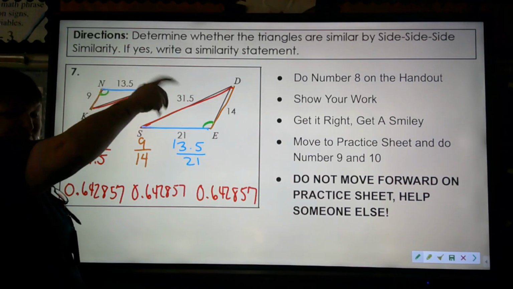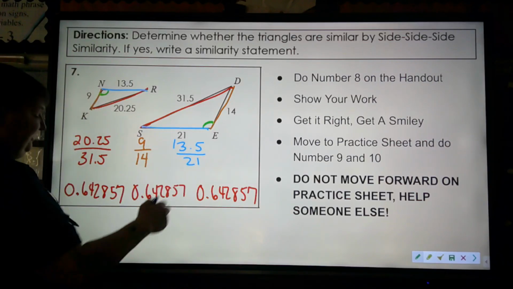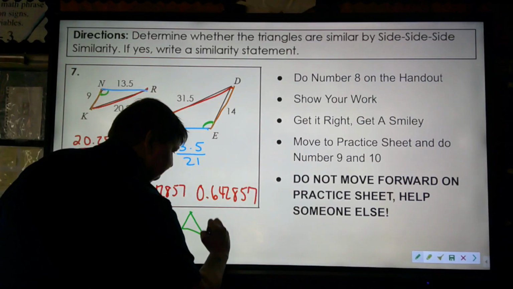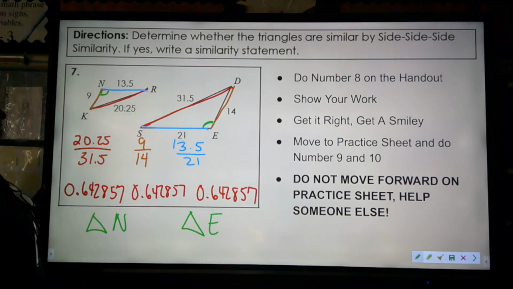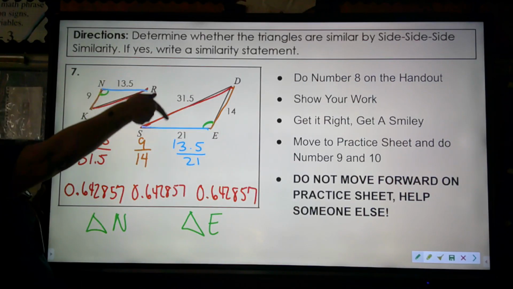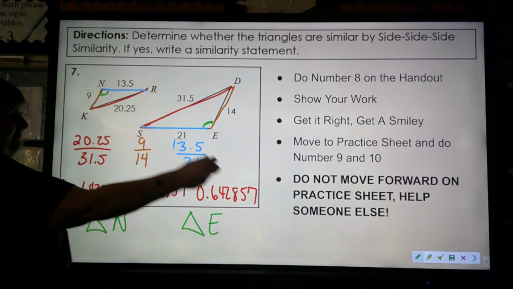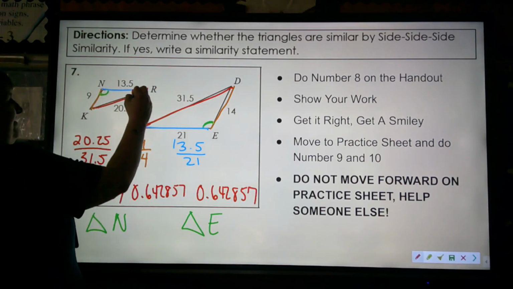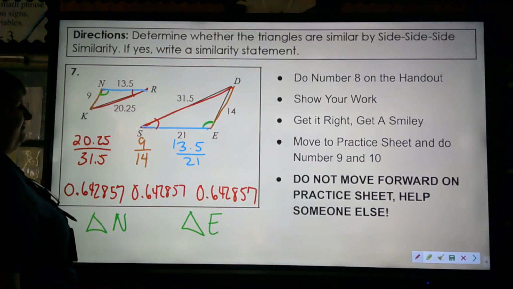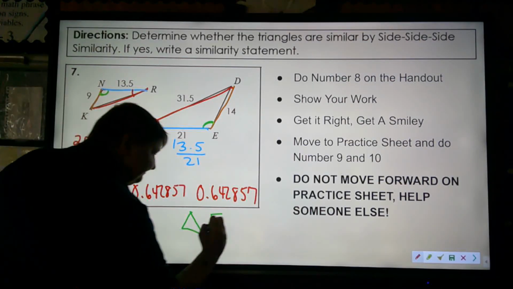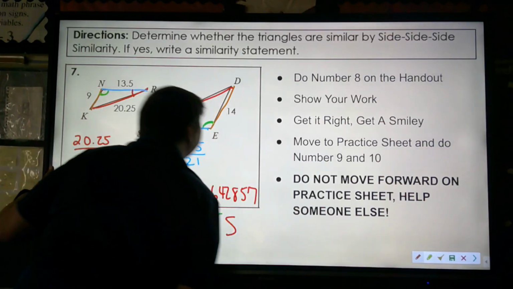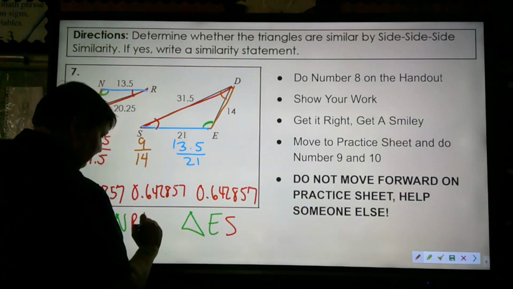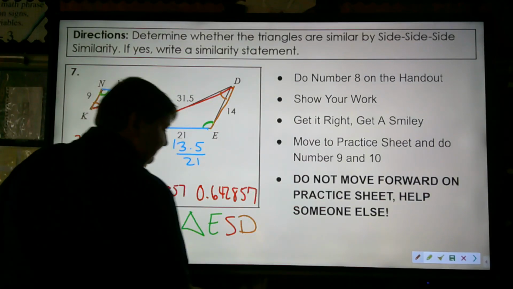Because when I spun it, I rotated it. So N and E. And because I rotated it basically upside down, this angle matches this angle. So R and S, which leaves us with K and D. Just like that.